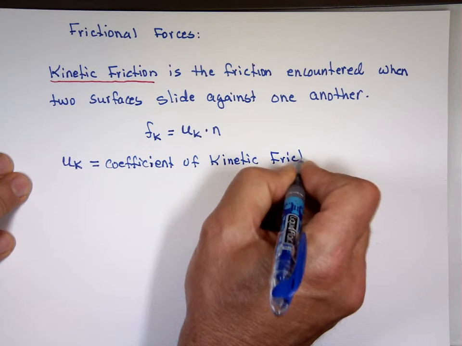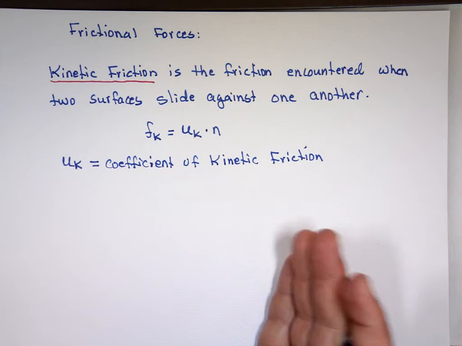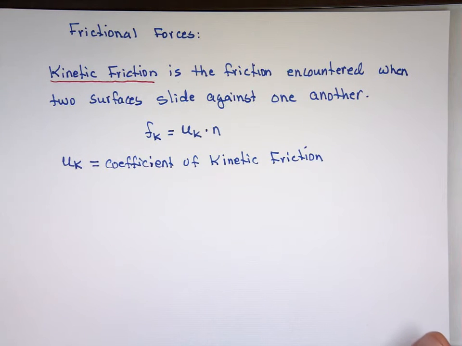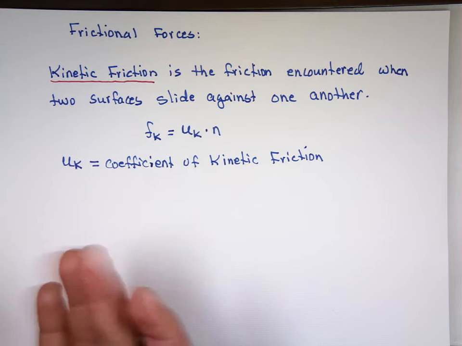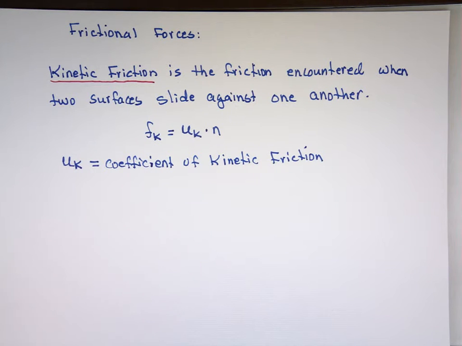You find that in a book. It's usually a table. It says if it's rubber on concrete, it's 0.85. If it's glass on glass, it's 0.42. If it's Teflon, it's 0.06. But these are constants, usually given to us, or you might see an example today of how to find them.